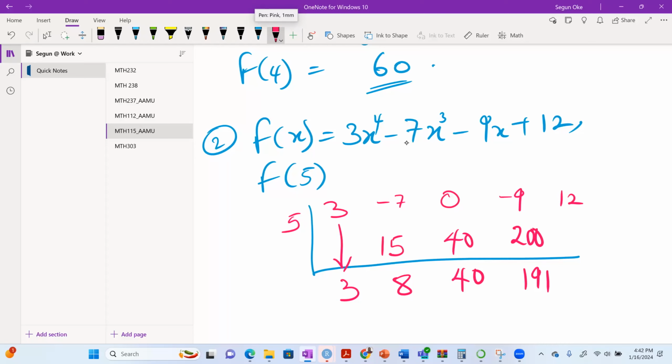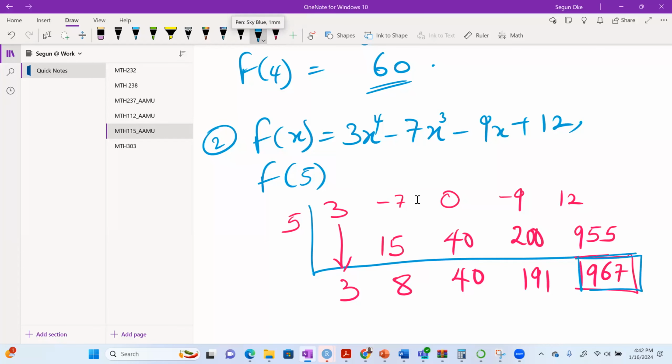Then 191 multiplied by 5, you have 955. When you add the two together, you have 967. That's your remainder.